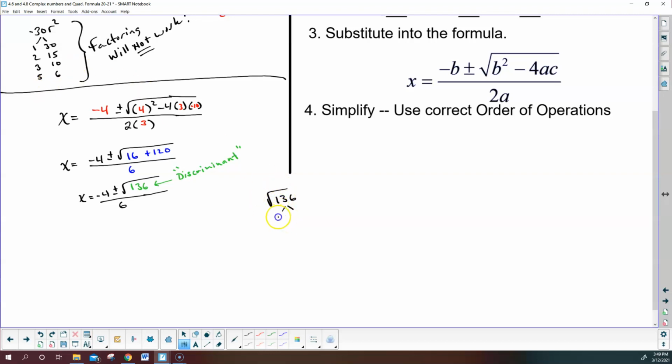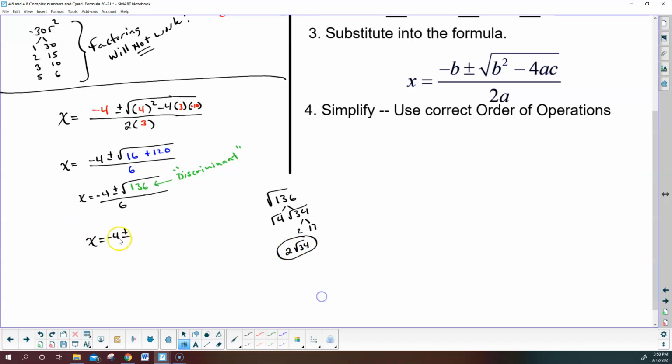And just quickly, I divided it by 4, and I got 34. And notice 34 doesn't break down into anything special. So the square root of 4 times the square root of 34, the square root of 4 is 2. So the discriminant part is really 2 square roots of 34.